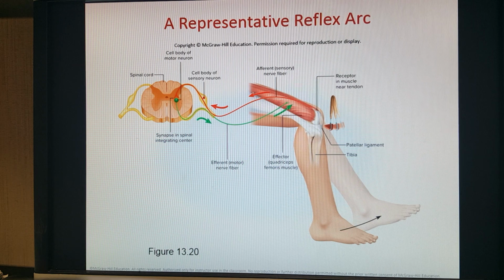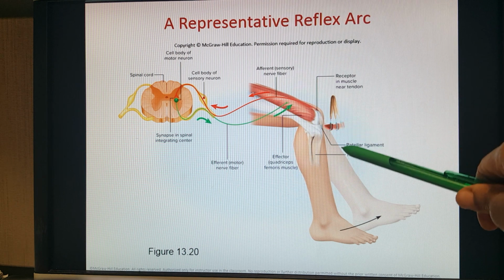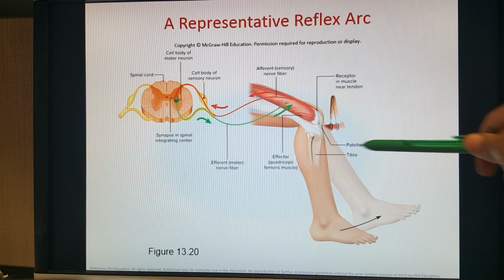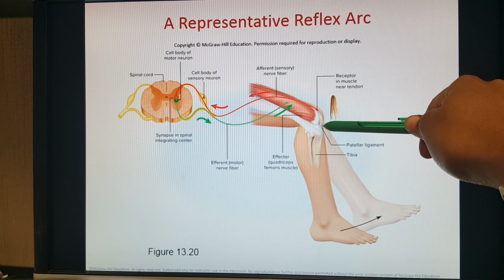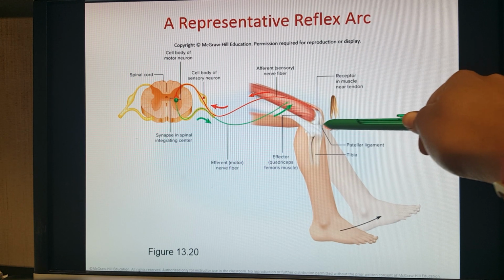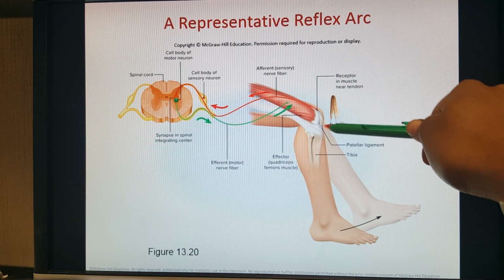Here's an example of this. If you've ever gone to a doctor and they hit your knee with the little triangular shaped hammer, what they're doing is putting pressure on this quadriceps tendon. As it pulls on that receptor, it pulls on that tendon and causes that pressure.